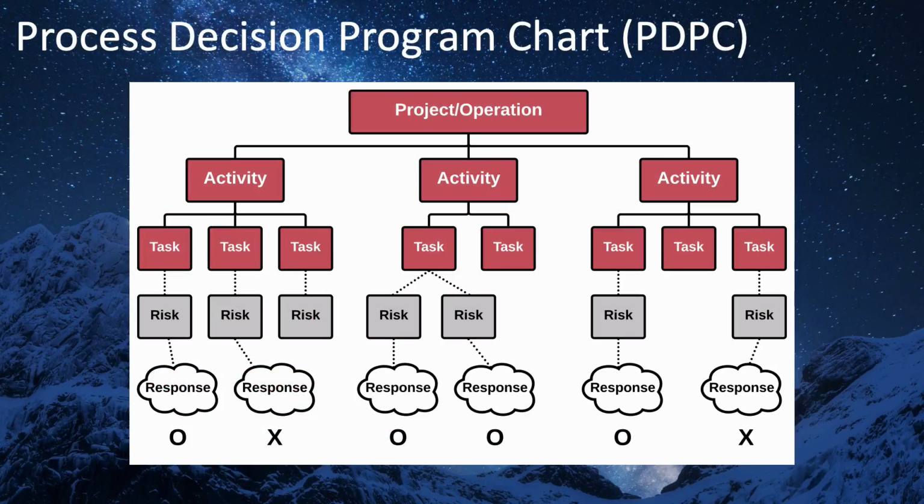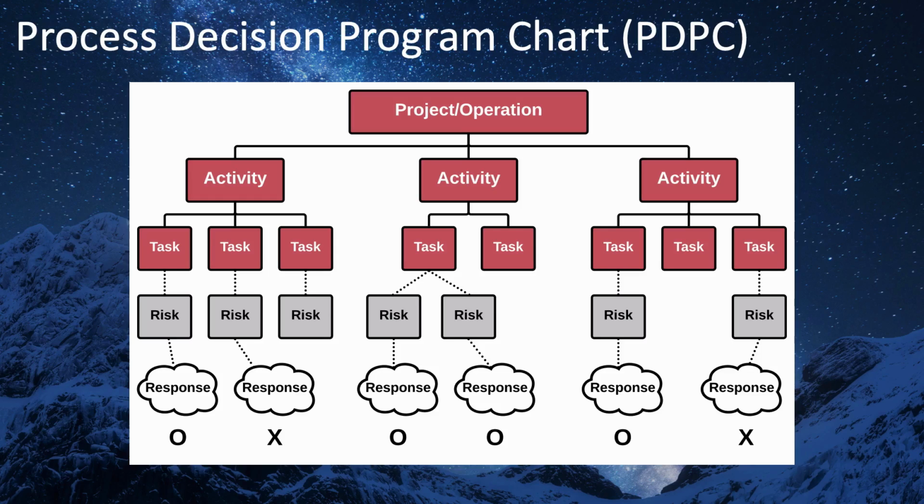Next, we have a special type of tree diagram known as a process decision program chart. As you can see, it starts with a project or operation at the top, which you then break down into components, deliverables, or activities, or whatever makes sense for your project or operation.